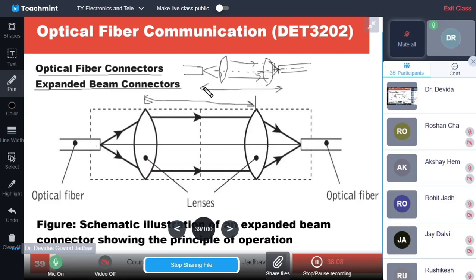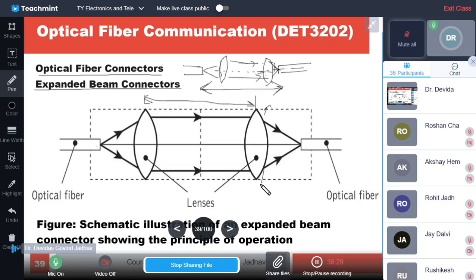So this makes the critical alignment, longitudinal as well as lateral, less important. Lateral displacement will not have any effect either. Suppose there is a parallel ray and the lens is displaced 10 to 20 micrometers laterally in either direction.